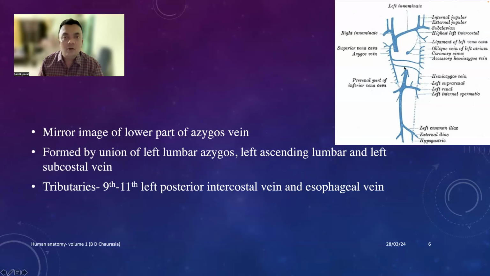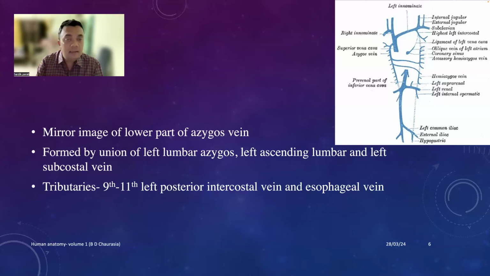Somewhere around the 8th thoracic vertebra, it turns towards the right side and then joins the azygos vein. In that way, it makes your hemiazygos vein. The tributaries of the hemiazygos vein are the 9th to 11th left posterior intercostal veins and the esophageal vein.